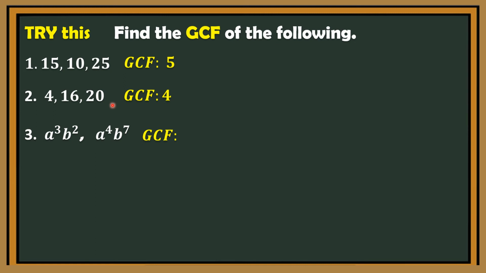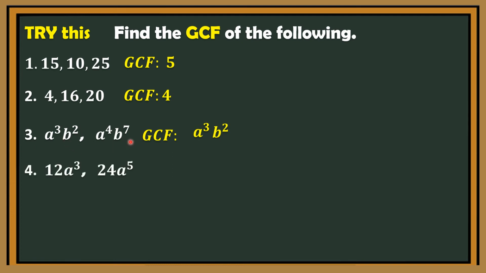For A, the greatest common factor is A cubed because 3 here is the least exponent of A and A is common. Then for B, B squared because 2 here is the least exponent of B and B is common.